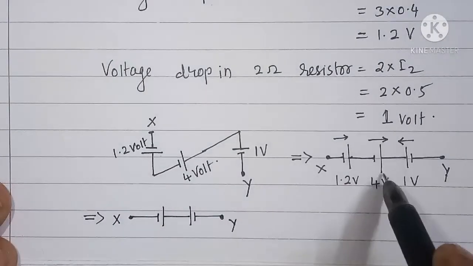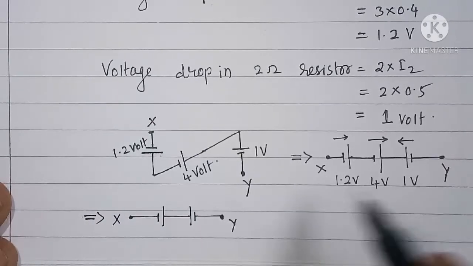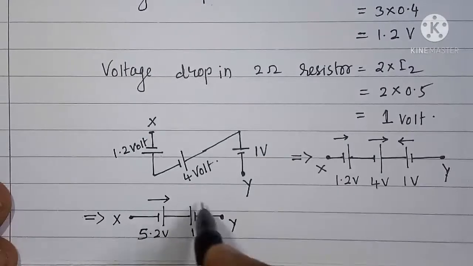I will show the two voltage sources acting in one direction as one voltage source with a magnitude of 4 plus 1.2, that is 5.2 volt, and the magnitude of the other voltage source, which is acting in the opposite direction, is 1 volt.